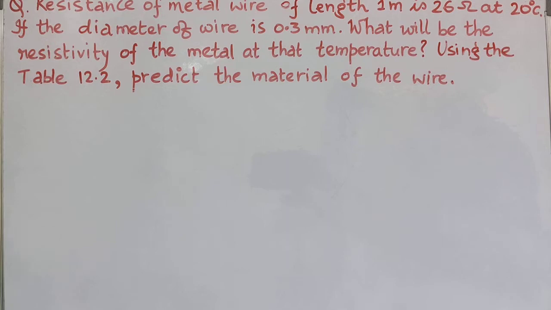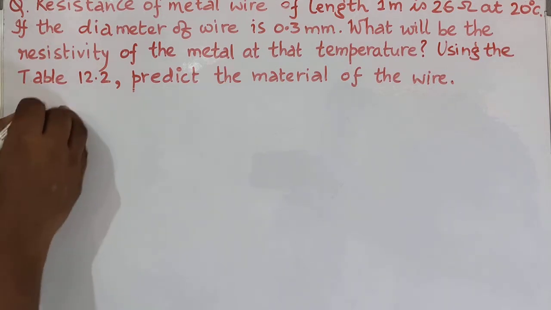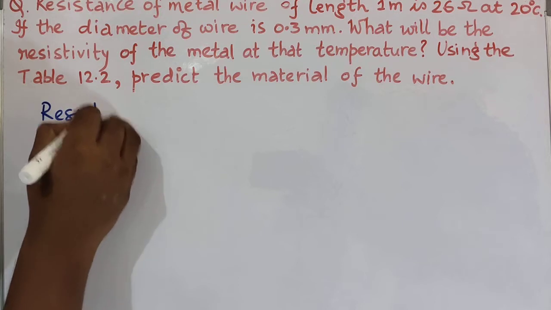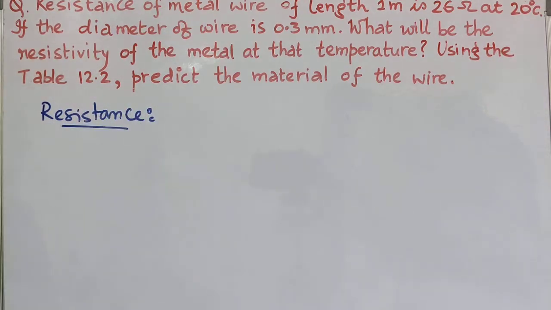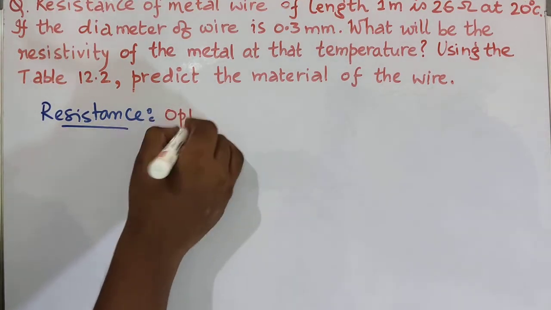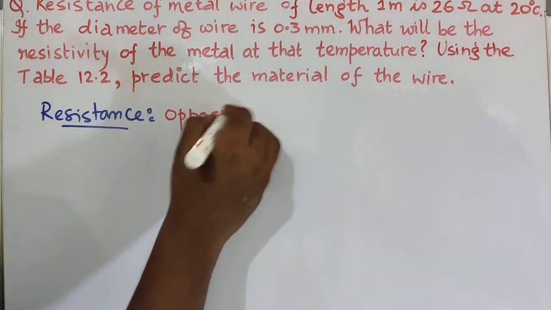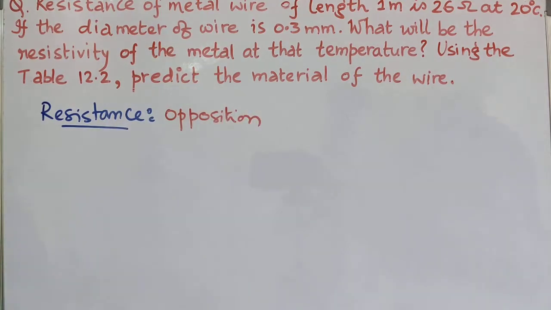Before that, let's try to understand the resistance part. So what is resistance? Resistance by word itself means opposition, to resist something, to oppose something. So in electricity, what are we going to oppose?